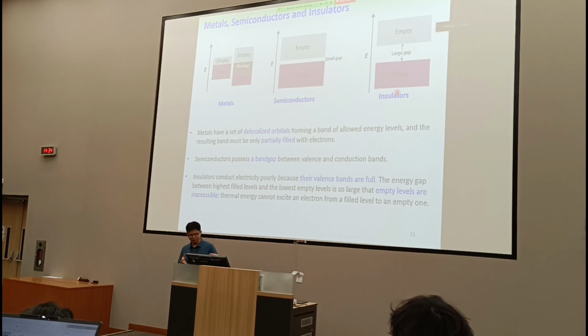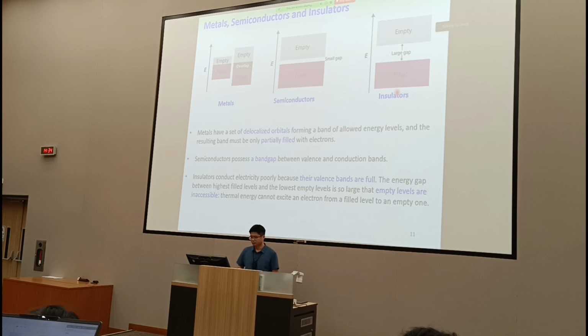When you apply a voltage across these two ends, there is no current flow. That's considered an insulating material. The reason is that the conduction and valence bands have a very large band gap. So when you apply a reasonable-sized voltage, you cannot draw current to flow.